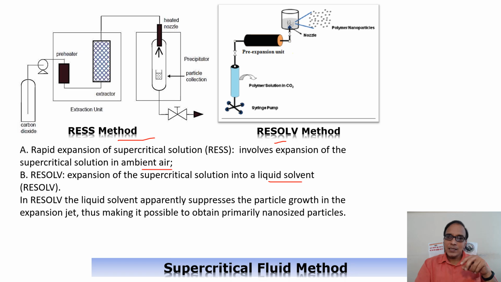By this method, the liquid solvent apparently suppresses particle growth in the expansion jet, thus making it possible to obtain primarily nano-sized particles. The high degree of supersaturation accompanied by the rapid pressure reduction in the expansion results in homogeneous nucleation, and thereby the formation of well-dispersed particles, by either the RESS method or the RESOLV method.